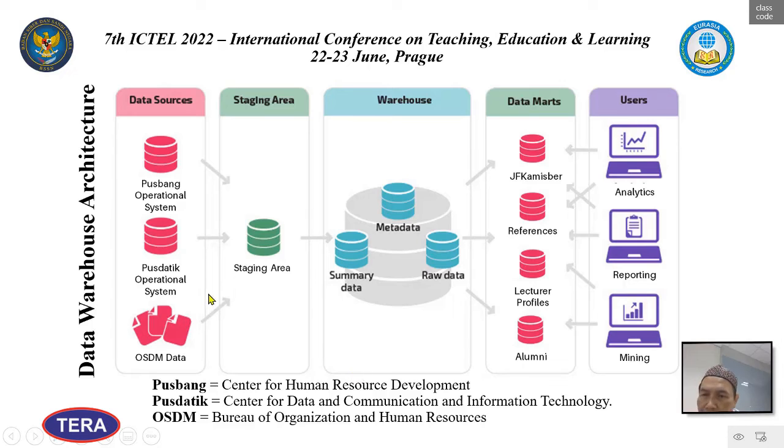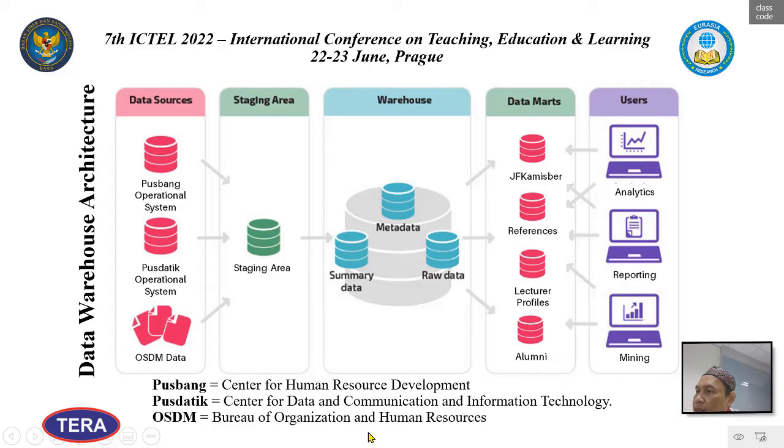Then the data also comes from the Pusdatic operational system. Pusdatic means Center for Data and Communication and Information Technology, ICT. Lastly, flat files come from OSDM. OSDM means Bureau of Organization and Human Resource.